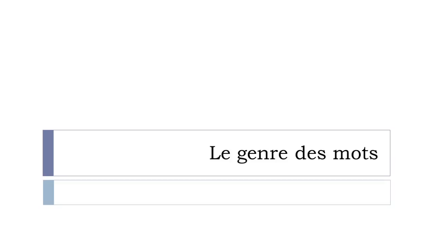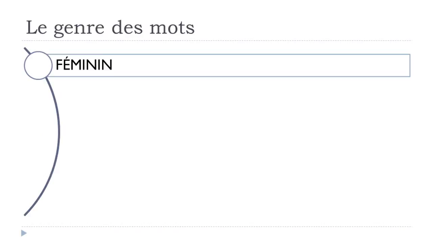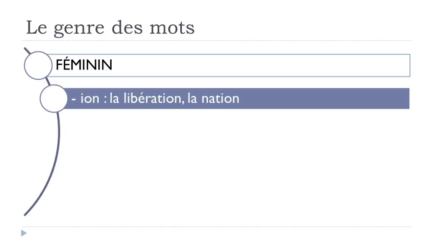Okay, so in this lesson we'll see a few endings that give you some useful tips, and we'll focus only on the feminine words, and we'll start right now. So when you see words that are ending with ion, you can be almost sure.